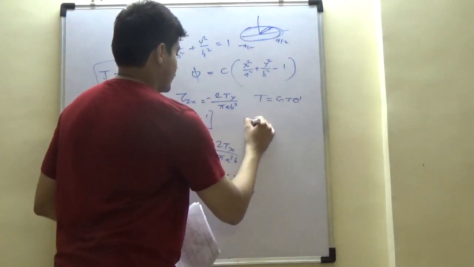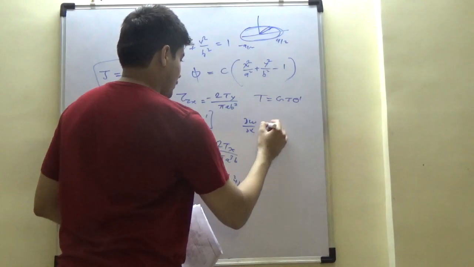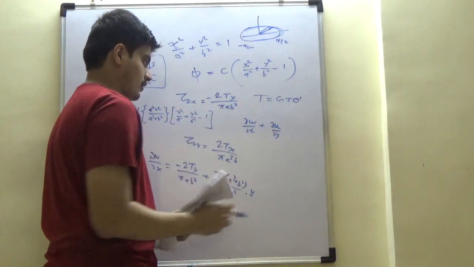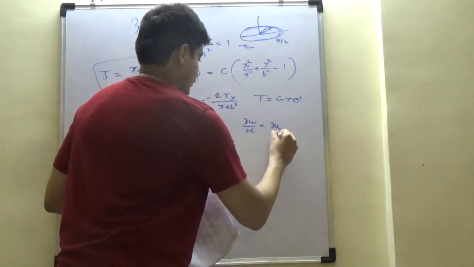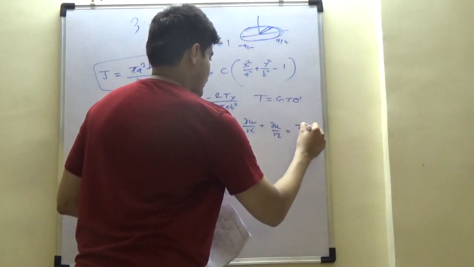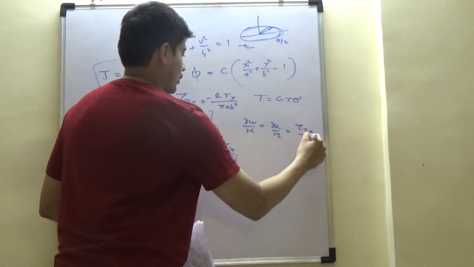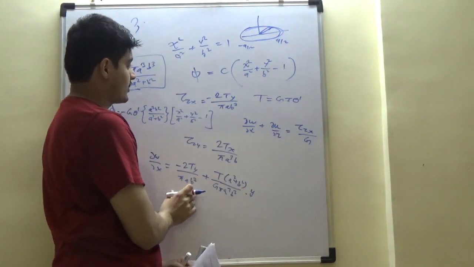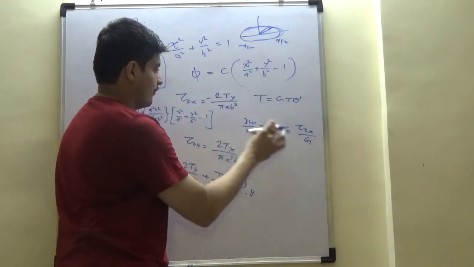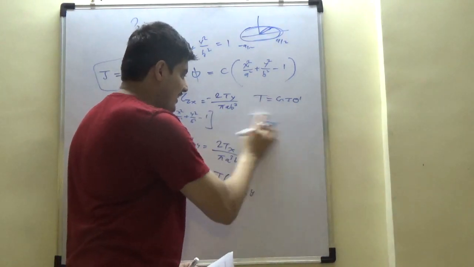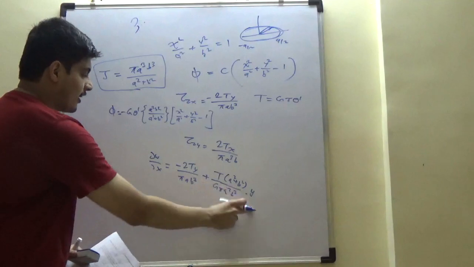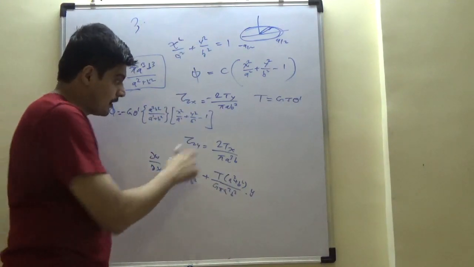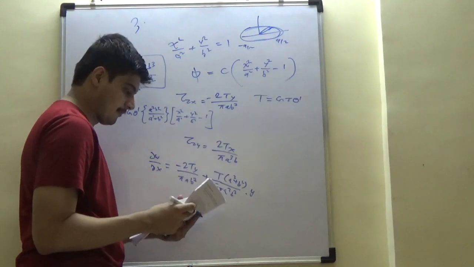What I am doing is del w by del x plus del u by del z is tau zx upon g. Are you extremely clear about this? I have used the strain relations to derive, based on the displacement fields, del w, the first principle. Now I am actually substituting the values.